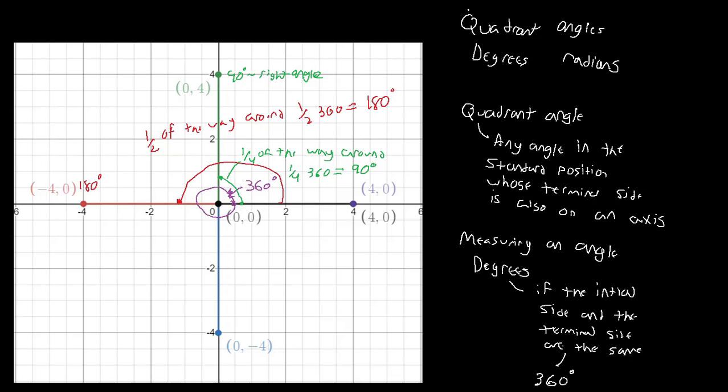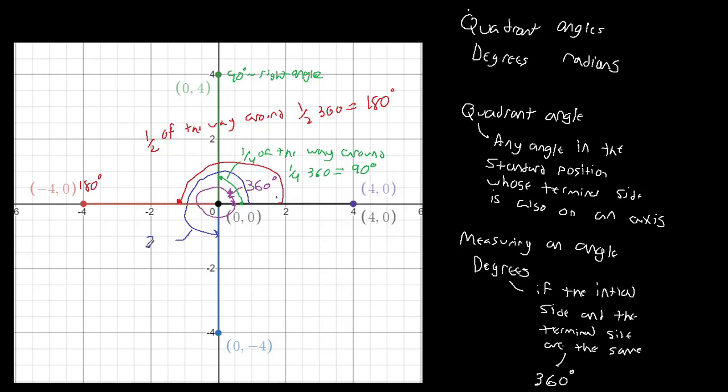So finally, the last measurement that we need to concern ourselves with is what happens if we start at the initial side and we go all the way around past the negative x-axis to the negative y-axis? What is this angle here? Well, just like what we've done before, this was going 1/4 of the way. This was going 1/2 of the way.